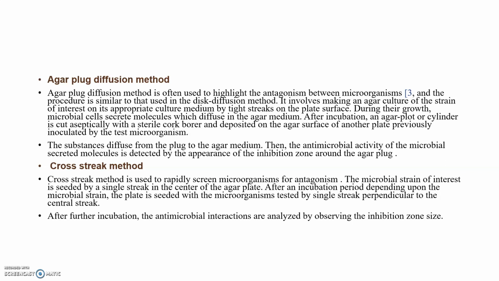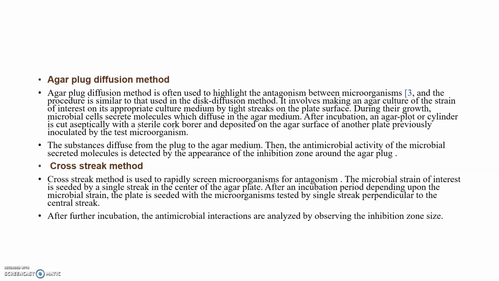After incubation, an agar plug or cylinder is cut aseptically using a sterile cork borer and deposited on the agar surface of another plate which has been previously inoculated with a test organism. So the substance diffuses from the plug into the agar medium.